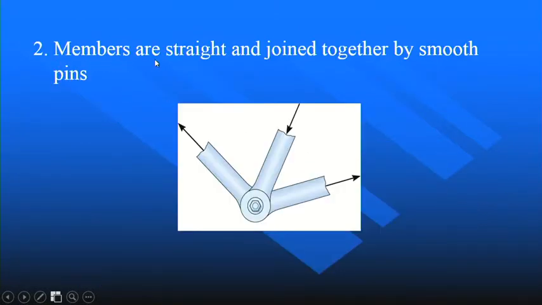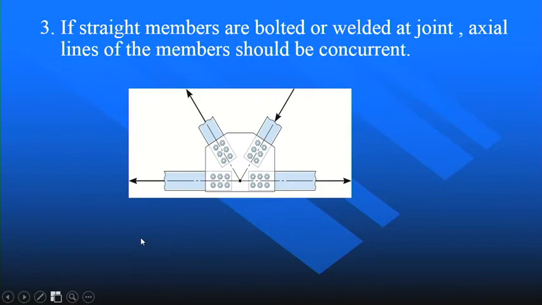2. Members are straight and joined together by smooth pins. So they are connected at the joint by smooth pin. That means there is no friction. 3.